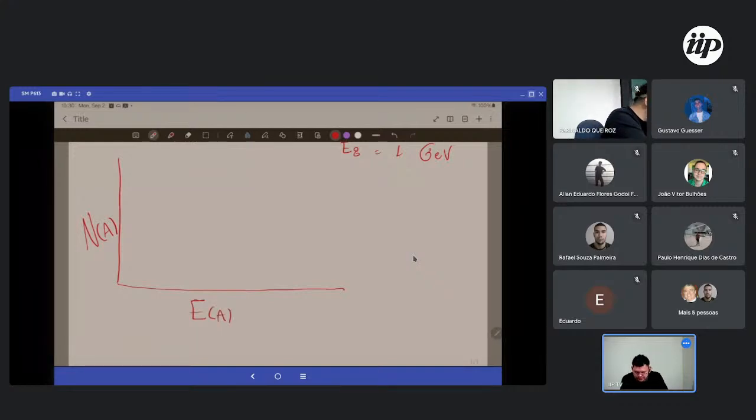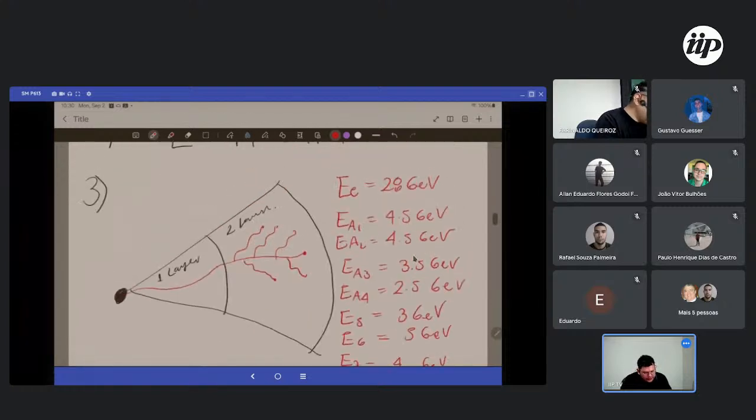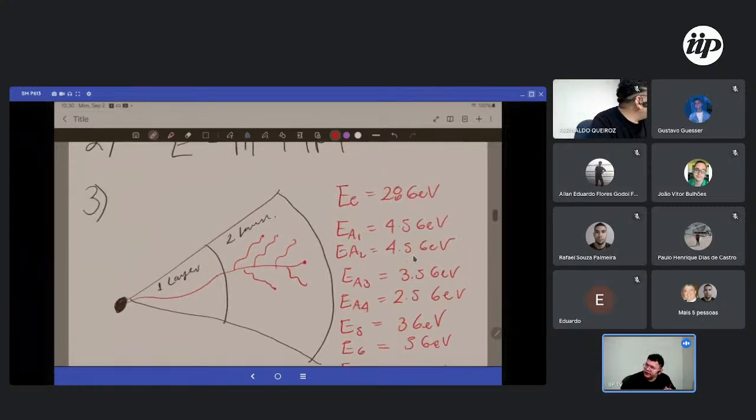Okay, so for example, we can divide this in 1, 2, 3, 4, 5, and 6. This is in GeV. And for example, we count the number of events. It is only a number that we count, right?